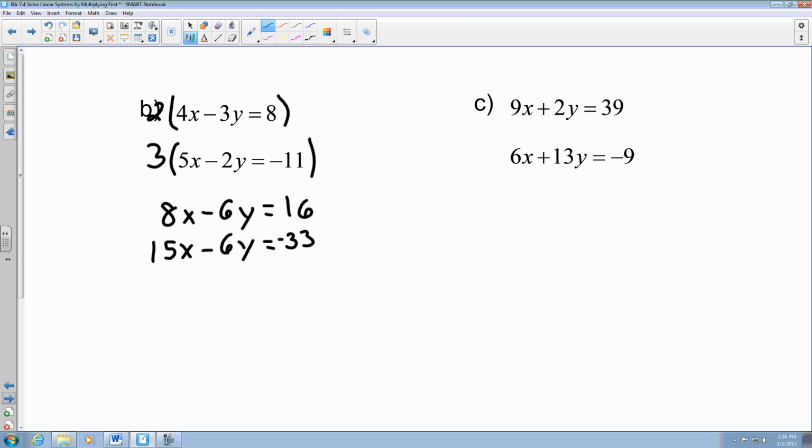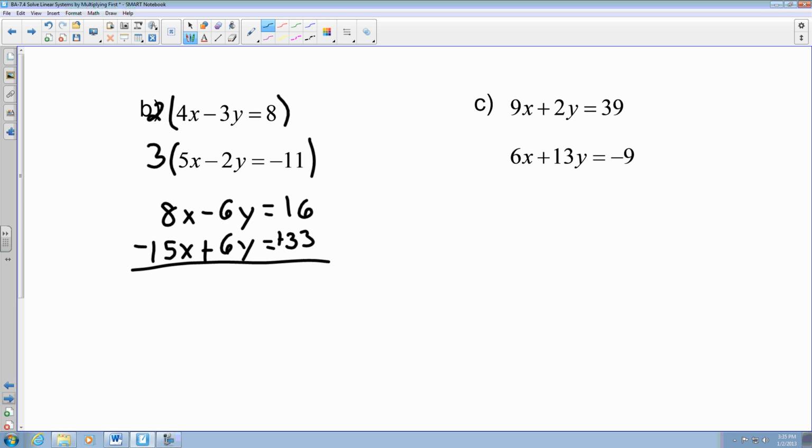Now, if I look at these values, it's a negative 6y and a negative 6y. They're the same, and since they're the same, that means we're going to subtract. So this is going to be a negative, this is going to be a positive, and this is going to be a positive.